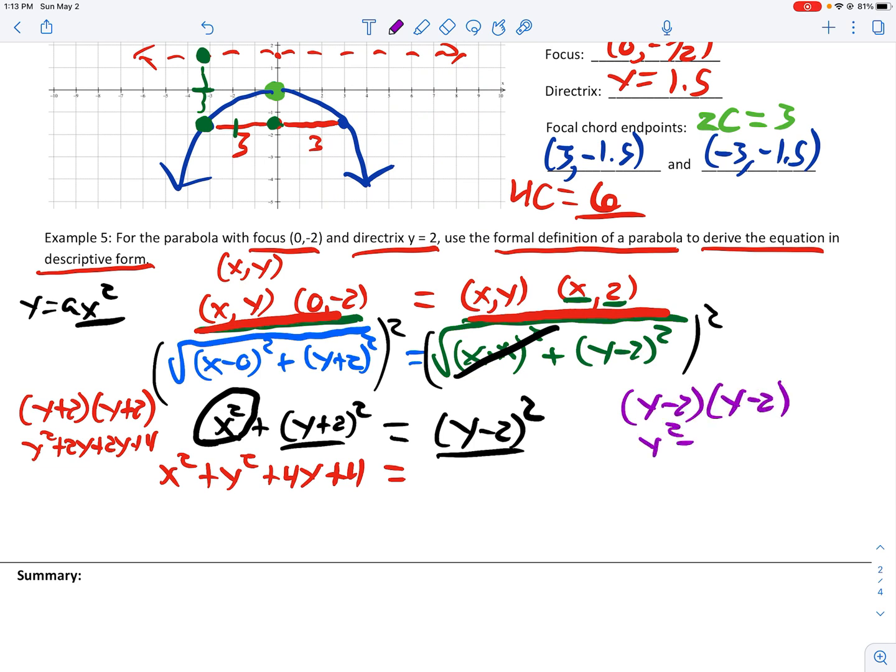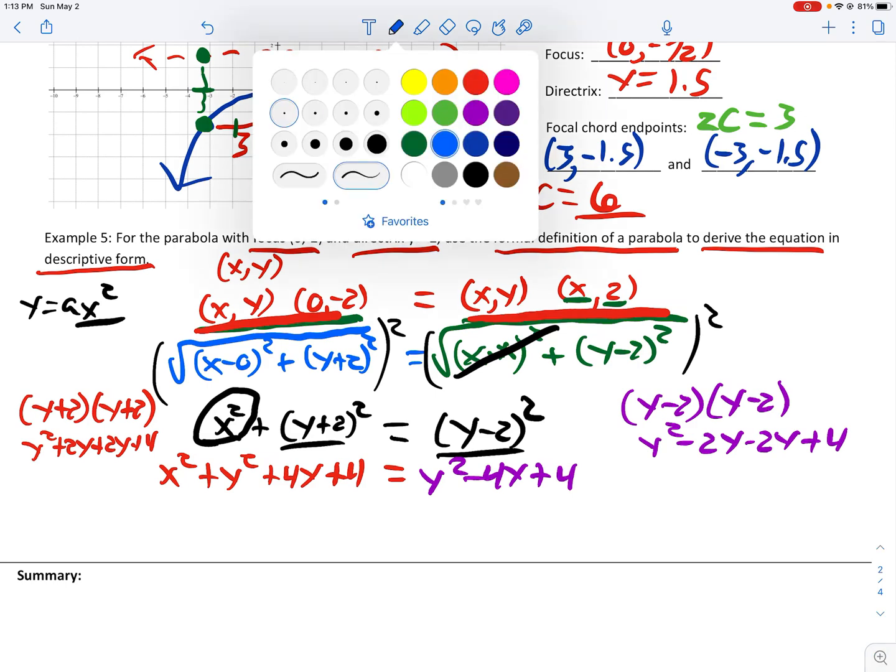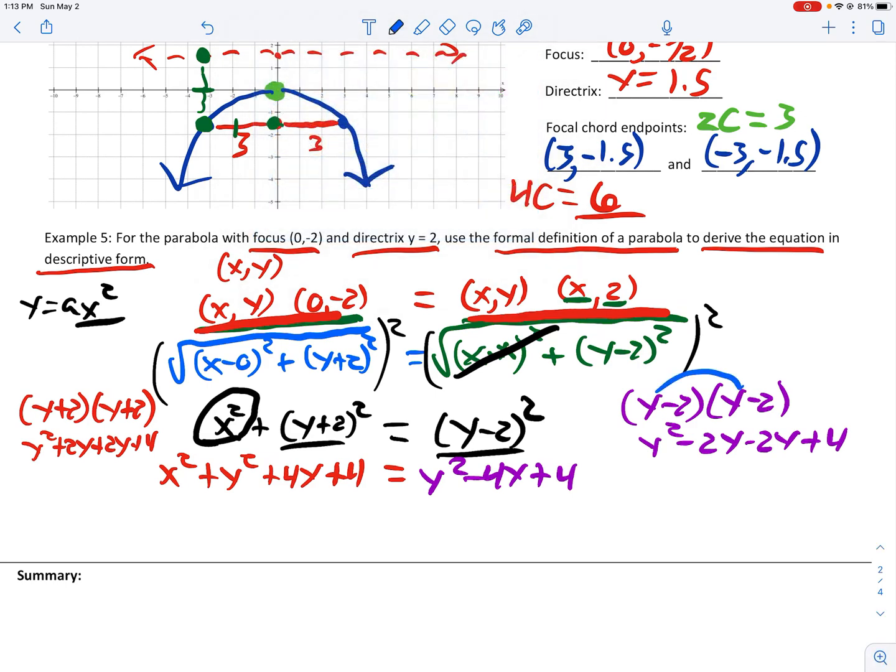So y squared minus 2y, minus 2y plus 4, so minus 4y plus 4. Again, if you're wondering how I did all this, I quickly FOILed: y times y is y squared, plus 2y, plus 2y, plus 4.